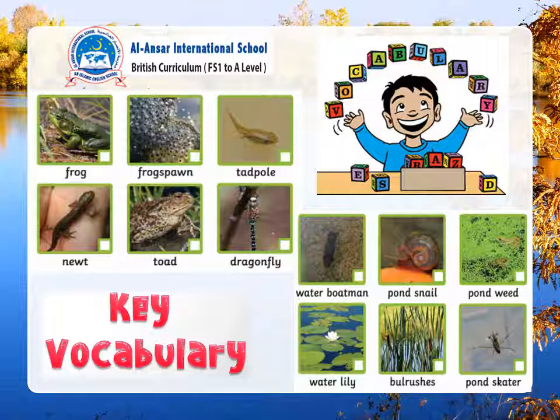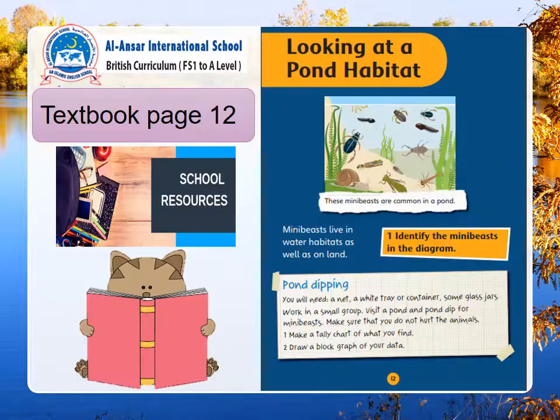Then toad, of course. Then we have dragonfly, water boatman, pond snail, pond weed, water lily, bulrushes, and pond skater. So all of these little minibeasts live in there, and some plants also grow there in the pond.